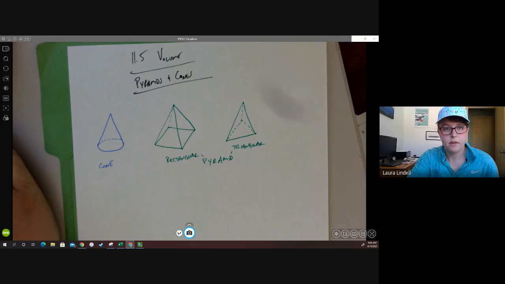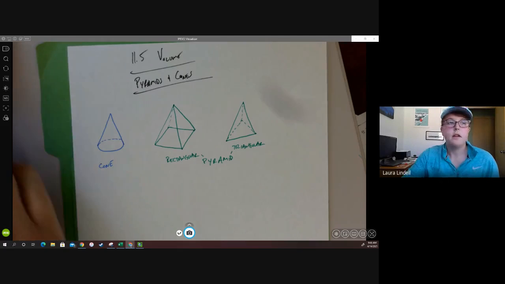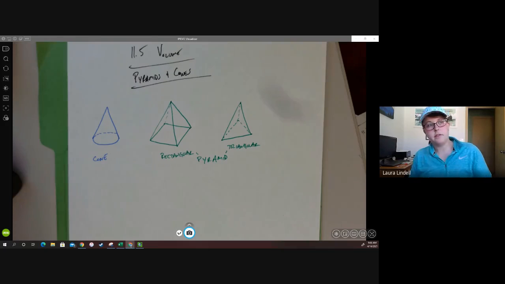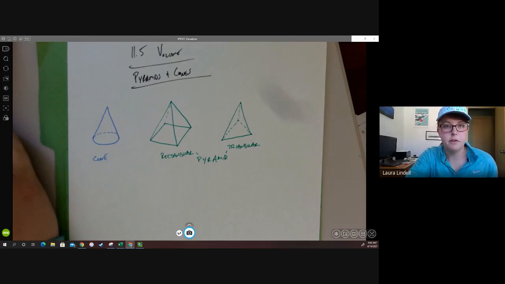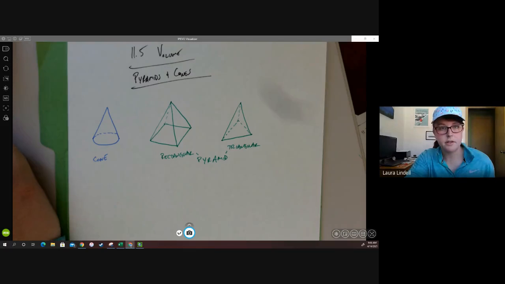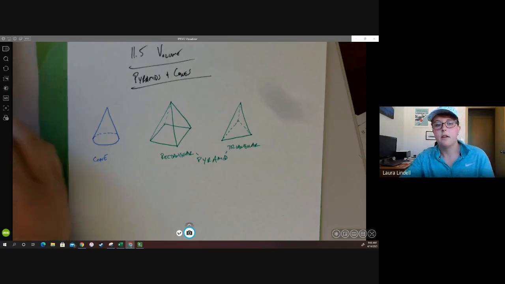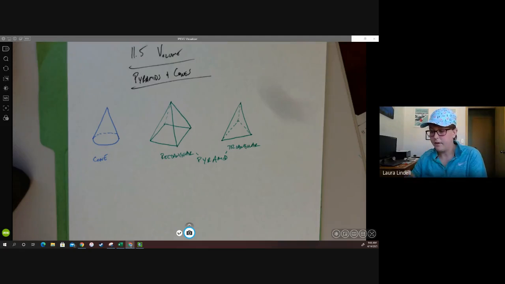Okay. And so then the base on these pyramids or cones determines a little bit of our volume formula, or it does just as much as yesterday's did, I guess. So let's take a look at that volume formula that we're going to get.